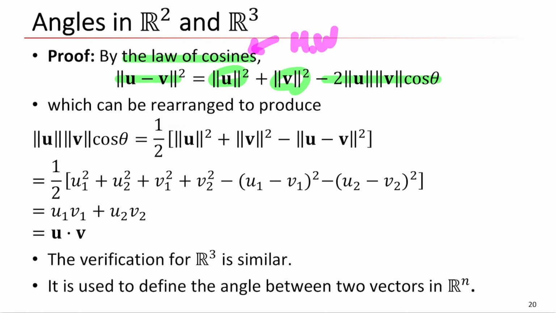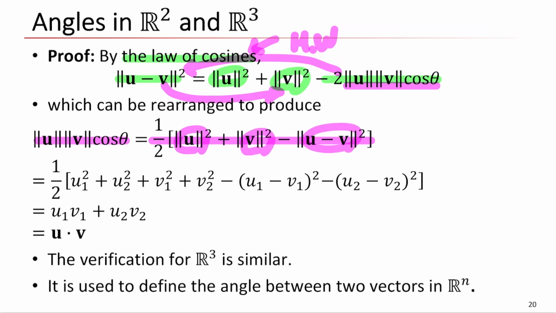Anyway, this is the law of cosines, which can be rearranged to produce this, right? If we move this term to here, then it will be 1/2 times the scalar length of u squared plus the scalar length of v squared minus the scalar length of u minus v squared, right?